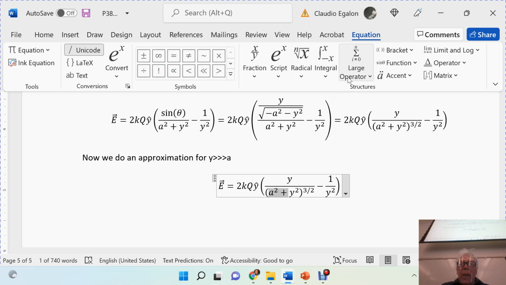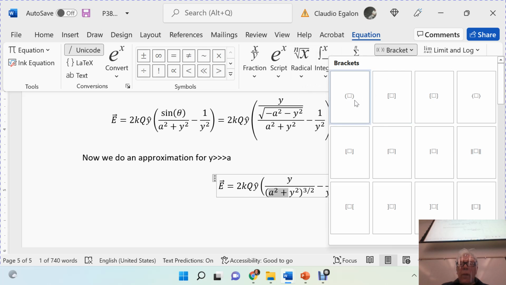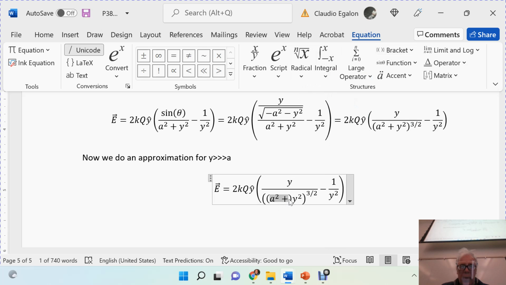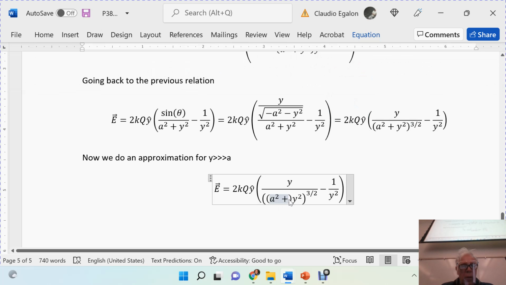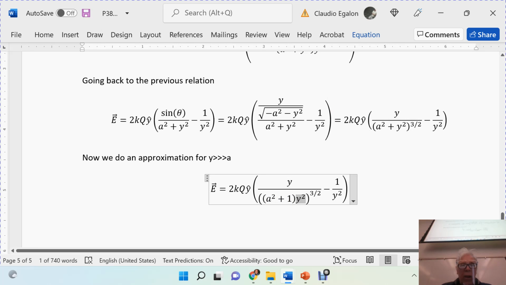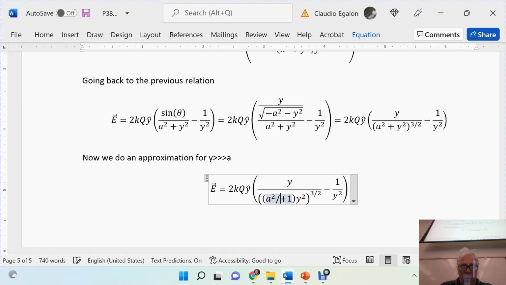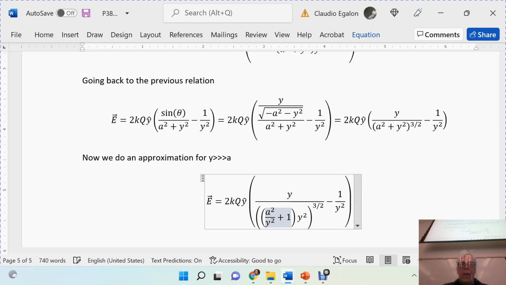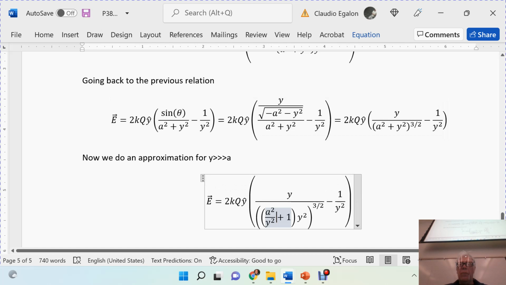Let's see, we've got to get the bracket. Okay, here you go. I'm putting the y squared in evidence. When I put the y squared in evidence, the term with the a squared gets the y squared divided there. Make sense? I didn't do the approximation yet. This is not an approximation. What's going to come next is the approximation.